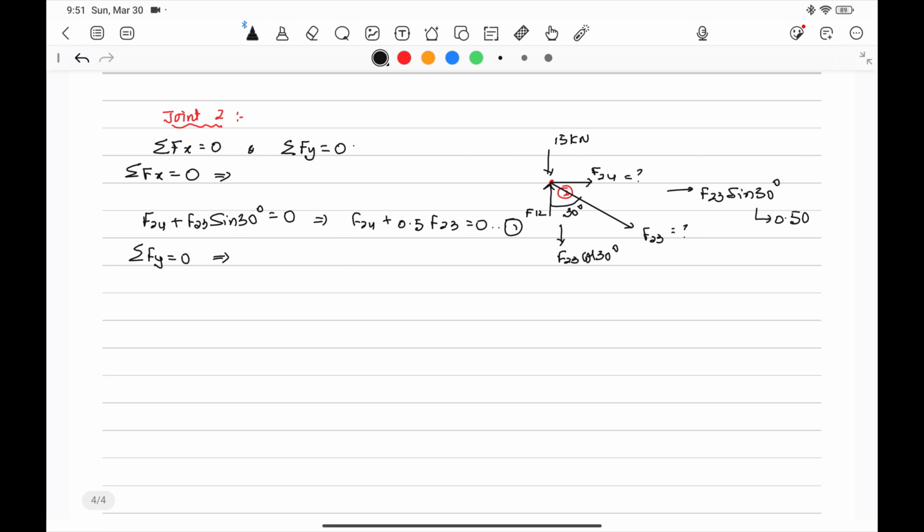What are the upward direction forces? F12 is equal to downward direction forces, 15 kilonewtons plus F23 cos 30. Upward is equal to downward. That's all. That's what I have told you. F upward is equal to F downward. This is the meaning of sigma Fy is equal to 0.